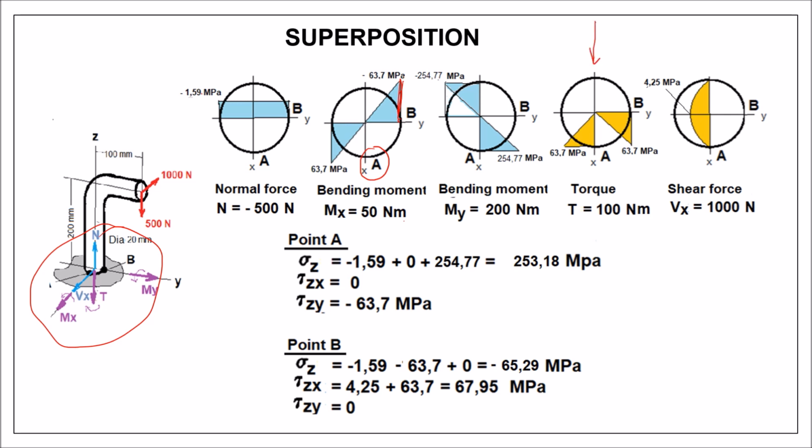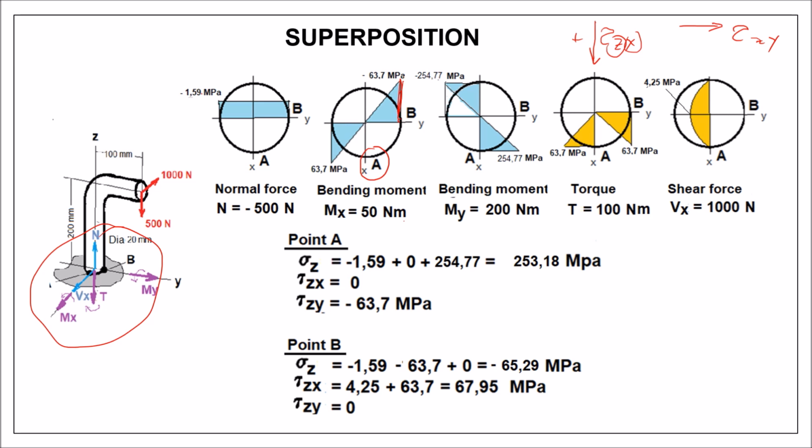This is positive tau zx, and we may have shear stresses in this direction. This is tau zy. What does z mean? It shows me that the normal of the surface is z and x is its direction.